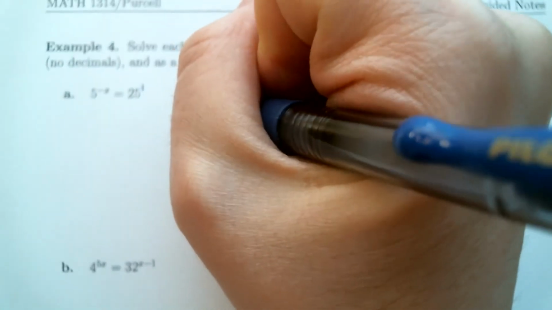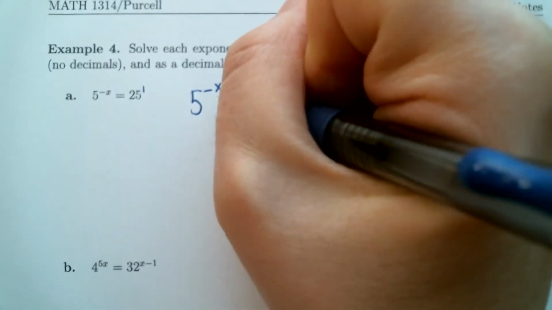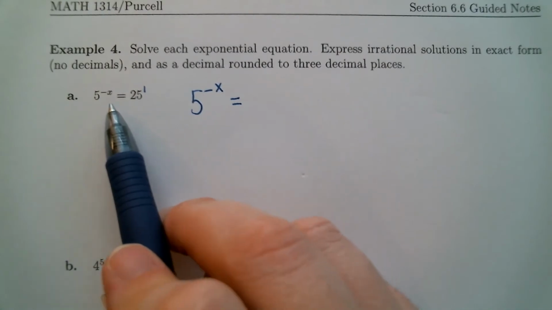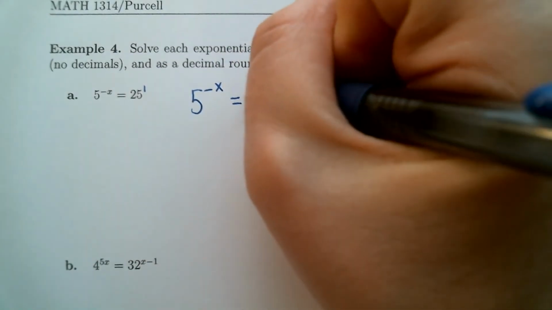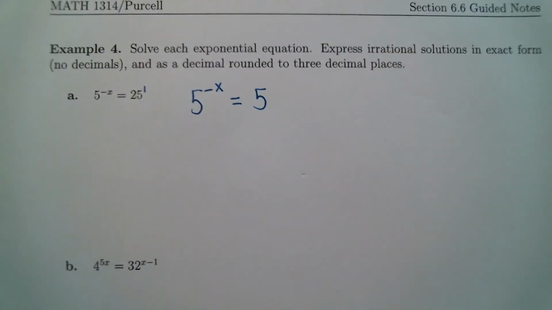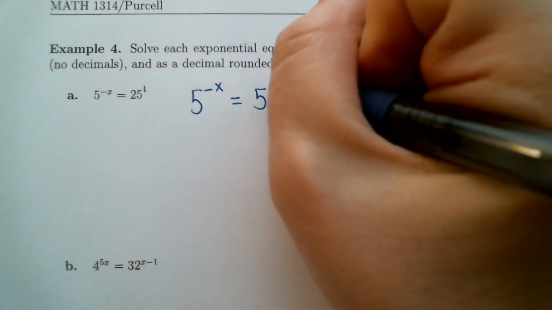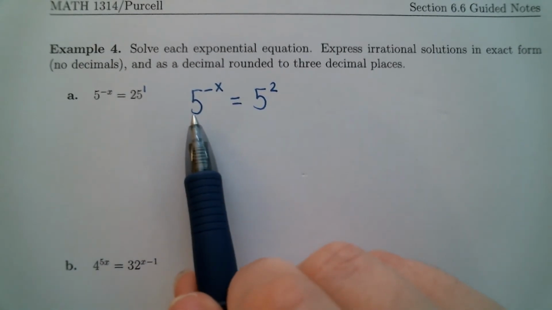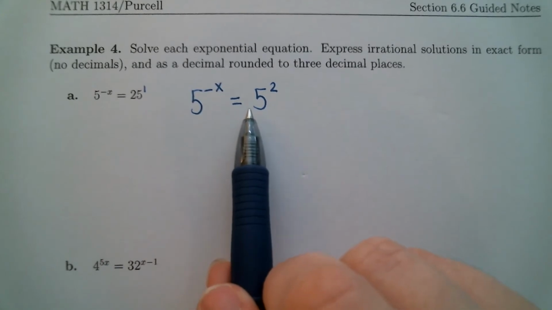So we're going to leave the left side alone, and you want to rewrite 25 using the base 5. What power do I raise 5 to get 25? That's the second power. 5 squared is 5 times 5, that's 25. So now on the left, I have base 5, and on the right, I have base 5.